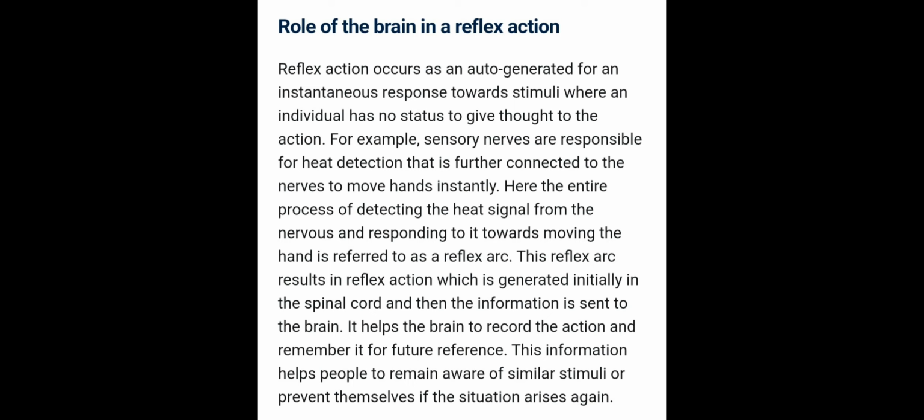So the brain helps us to record the action and remember the thing for future reference, and whenever we face such a situation in the future, we'll respond in the same way. This information helps people to remain aware of similar stimuli or prevent themselves if the situation arises again in the future.